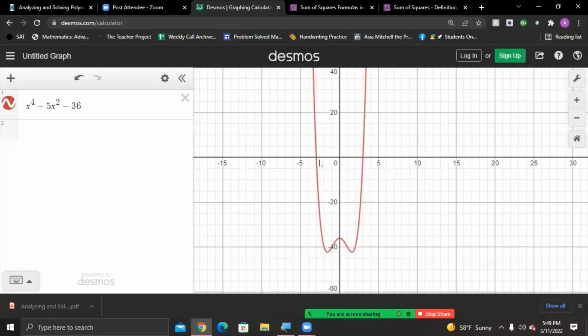So what are the roots that we just found? We just found two real roots that actually cross the x-axis. So our roots cross the x-axis. That's why they're x values. They cross here, y is 0. Those are the two real roots we found. But again, this is a polynomial of degree 4.